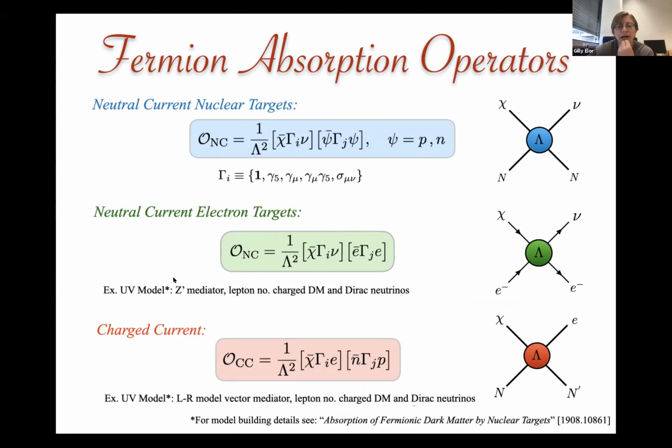So for the neutral current, you can have like a Z prime mediator, and likewise, there's left-right symmetric models for the charge current. And then really all you can say is, given these specific models, there's going to be bounds on the size of lambda, right? And all you can say is that you want lambda to be bigger than a TeV. We don't really have a way to predict any favorable scale of what lambda will be in this context.